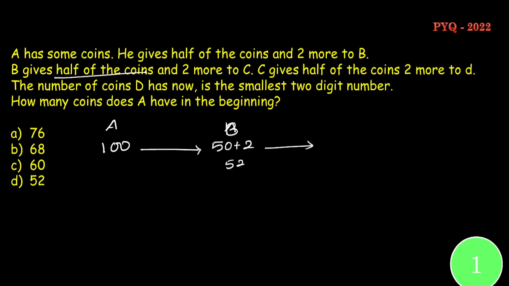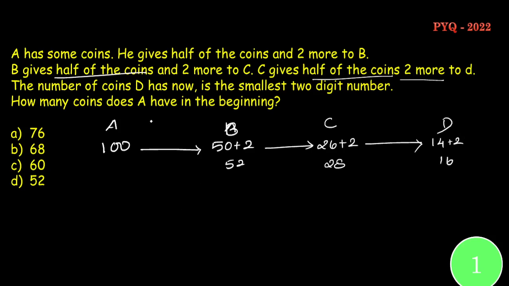B gives half of the coins and 2 more to C. So half of 52 is 26, plus 2 coins, so 28 goes to C. And C gives half of the coins and 2 more to D. So C gives half of the coins, that means 14 plus 2, that is 16 to D.